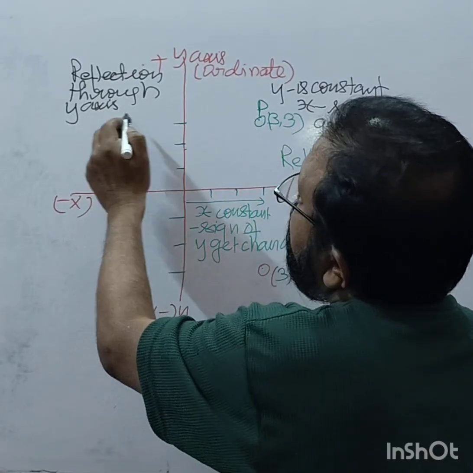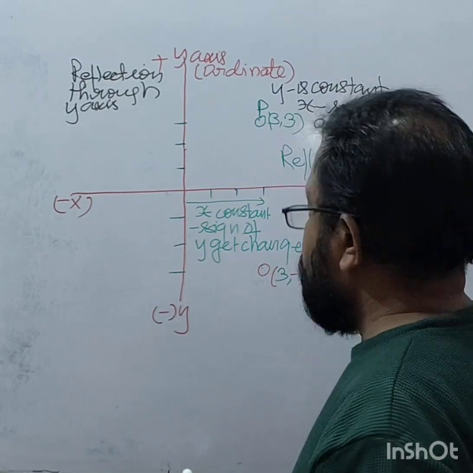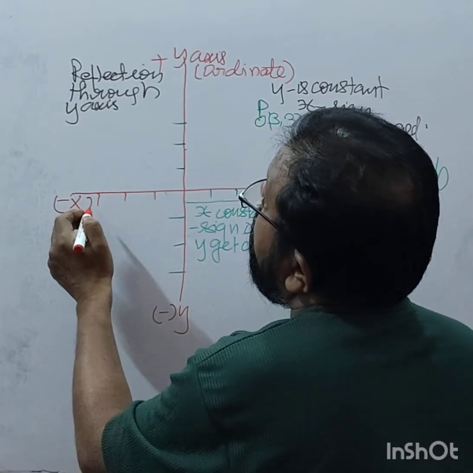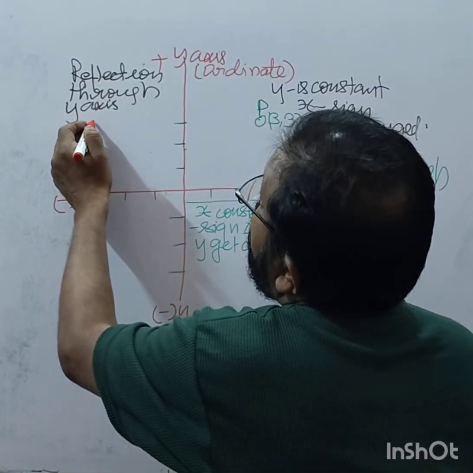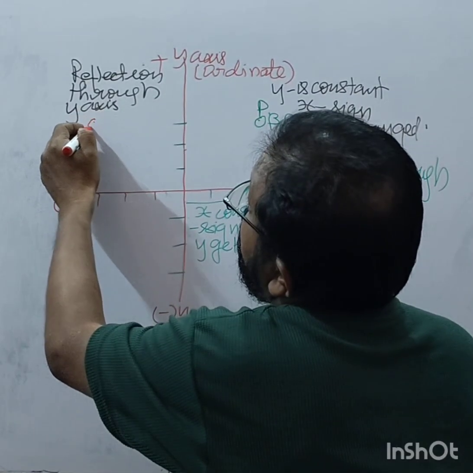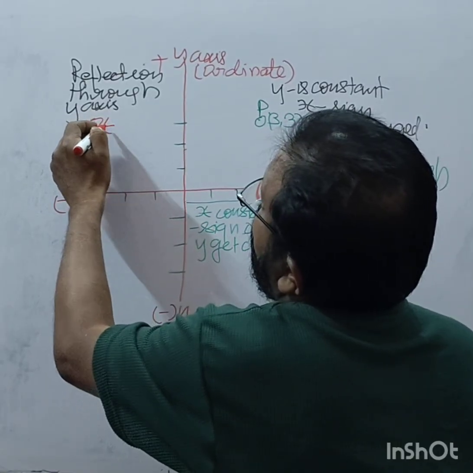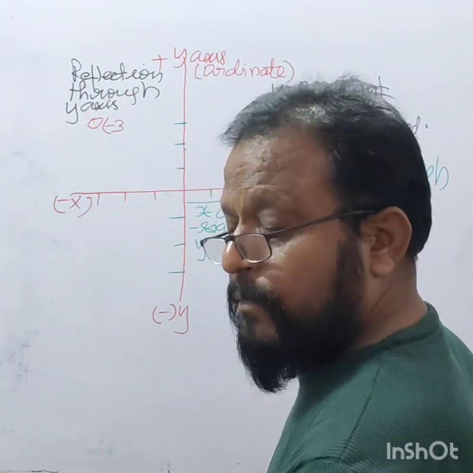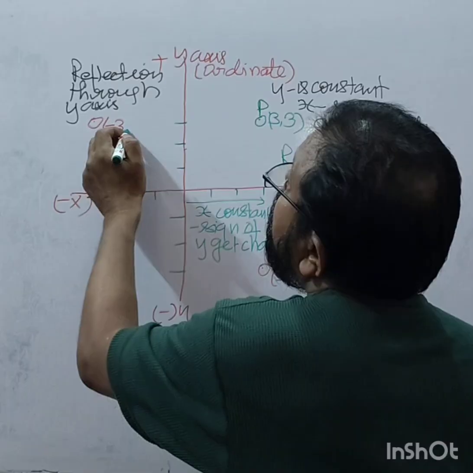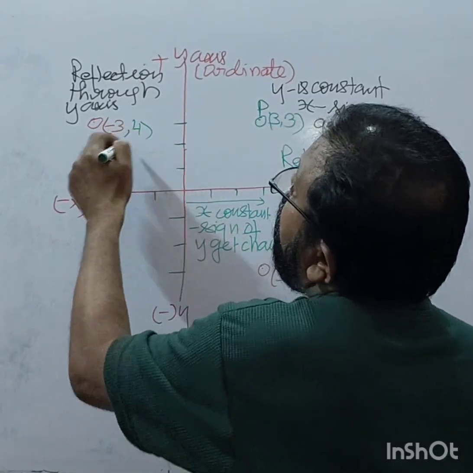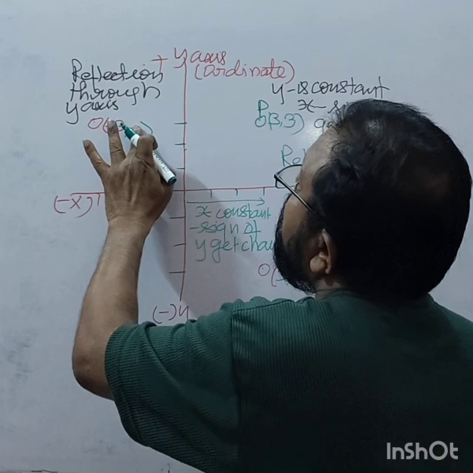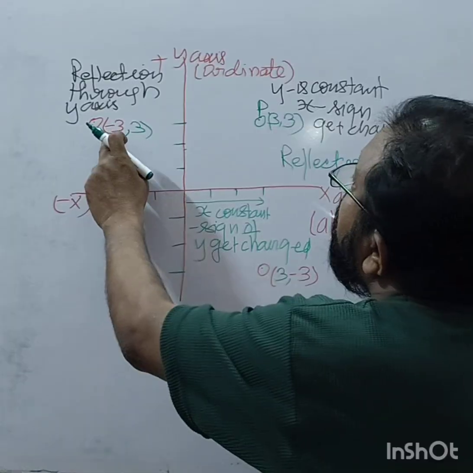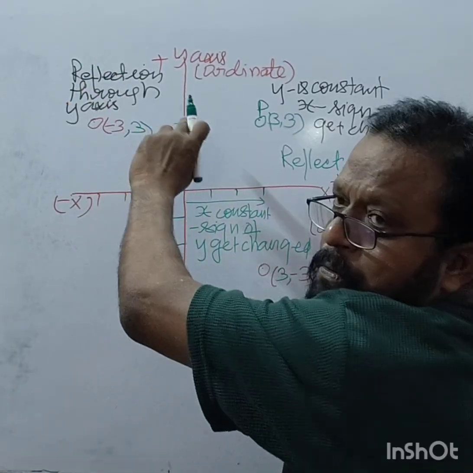This is minus 3, comma 3. So the y-axis is constant and the sign of x is changed when reflection is through the y-axis.